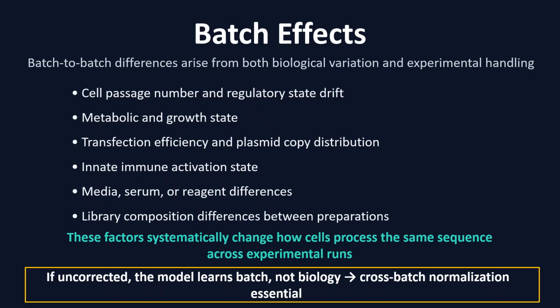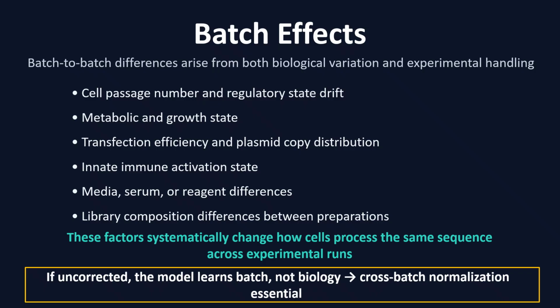Batch effects are systematic differences between experimental runs that change how the same sequence behaves. Importantly, batch effects are not just technical noise. They arise from a combination of biological state differences and experimental handling. Cell passage number shifts regulatory programs over time. Metabolic and growth states influence transcription, translation, and RNA turnover.